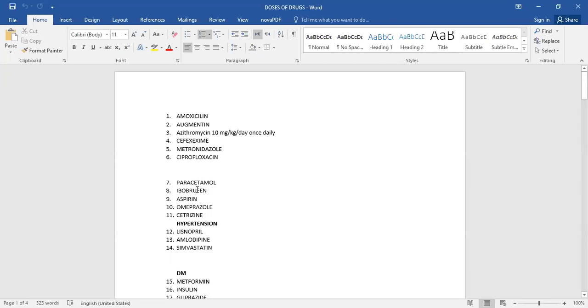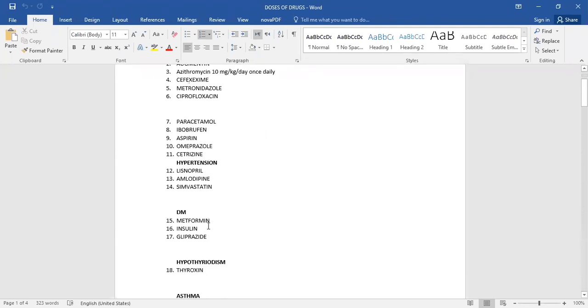Ibuprofen 400 milligrams, spaced out by Q6 hourly. Aspirin we discussed: 75 milligram, given once daily. Omeprazole, for the PPIs, 20 milligram, 40 milligrams. Cetirizine, an antiallergic, usually doesn't have any milligrams attached to it. Okay, so these are general medications, some of the antibiotics.